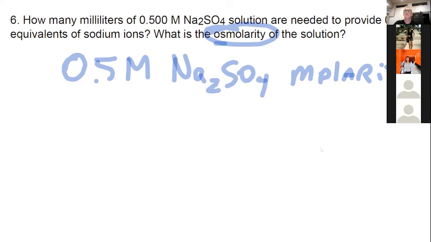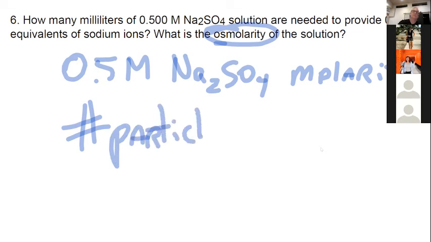Not really. We're not getting to that yet. We're looking for the total number of something. To get osmolarity, you have to multiply molarity by the number of particle types. Exactly. We need to refer to the number of particles. Precisely. Excellent.